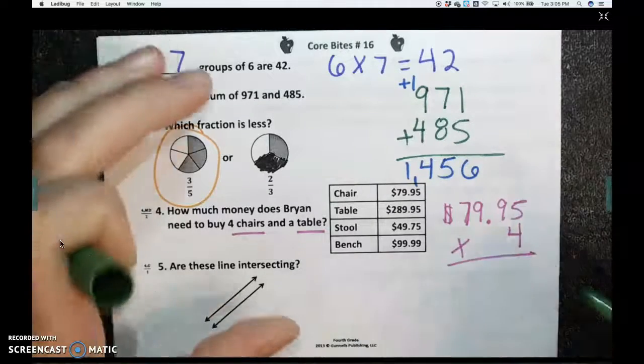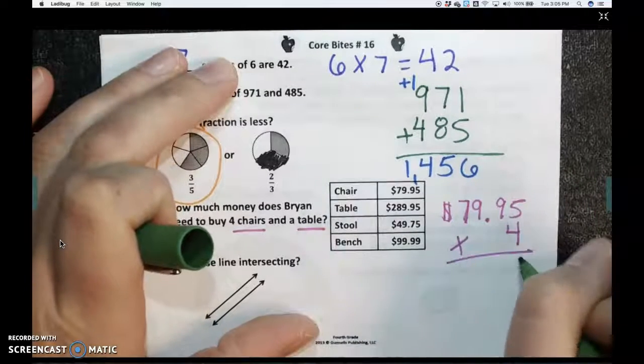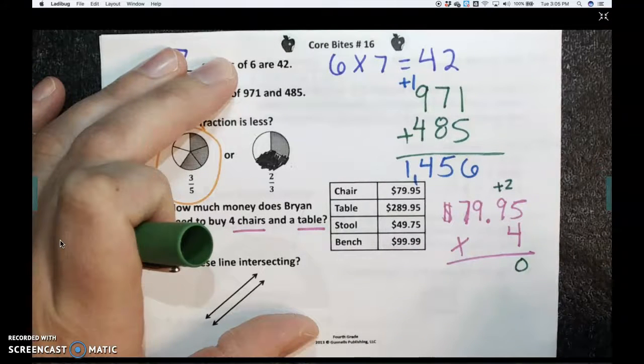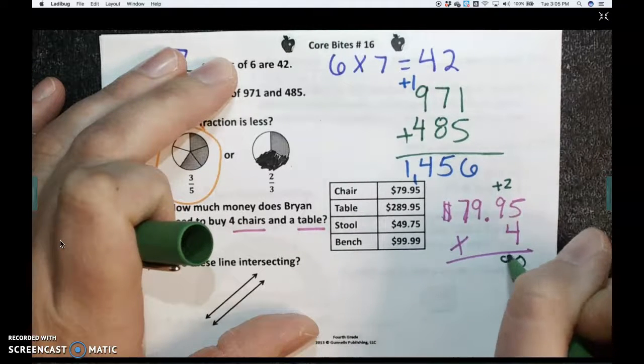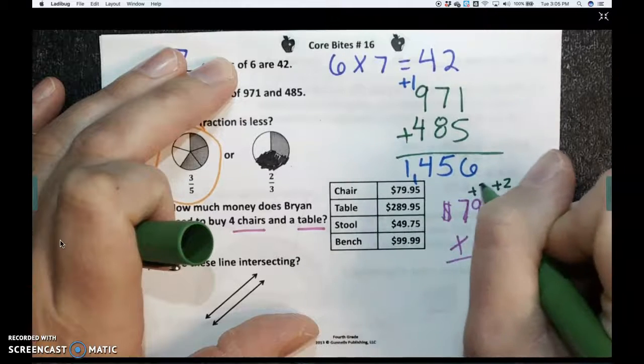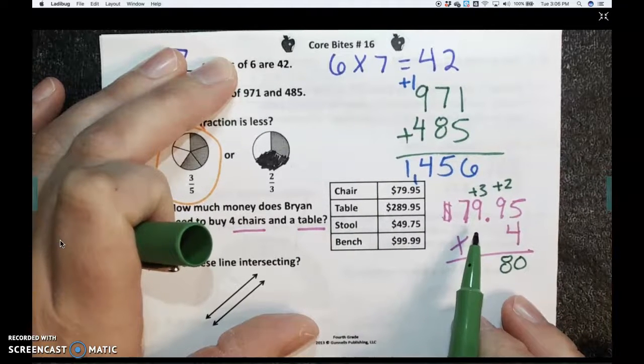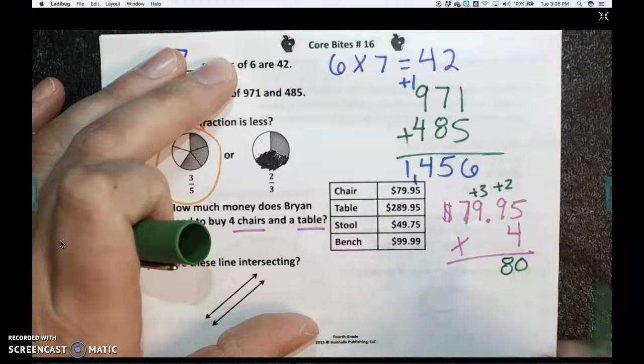you're going to have 4 times 5 gives you 20. Regroup your 2. 4 times 9 is 36 plus 2 would be 38. Okay, 4 times 9 again would be 36 plus 3 would be 39.